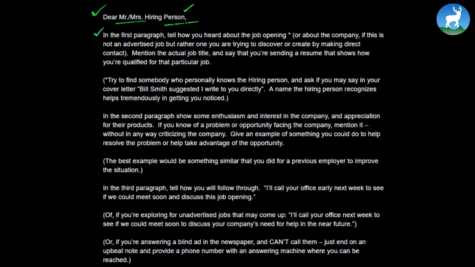Now in the first paragraph, tell how you heard about the job opening. So how did you get to know about the job? Maybe it was from the newspaper, or from the internet, or from Facebook, or from your friends, or about the company. How do you know this company if this is not an advertised job, but rather one you are trying to discover or create by making direct contact? Sometimes jobs are not directly offered by advertisements.